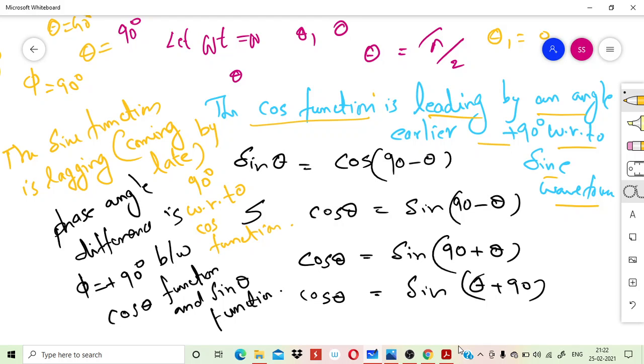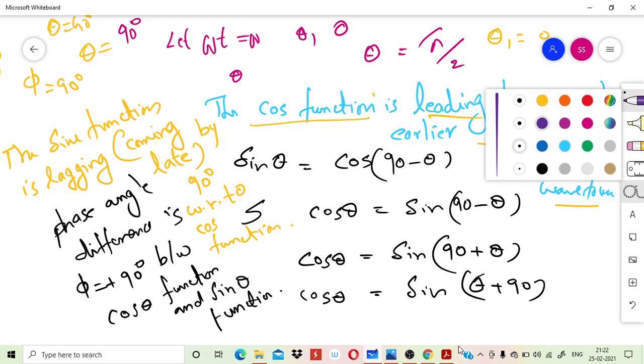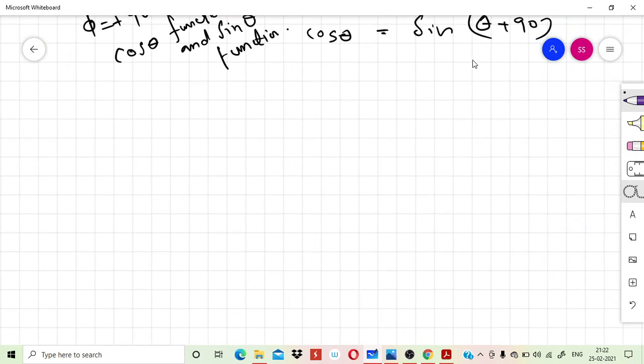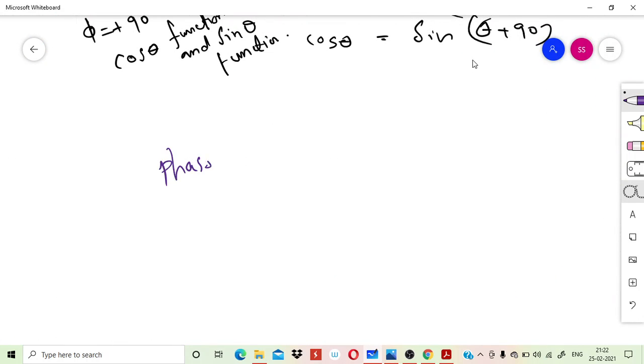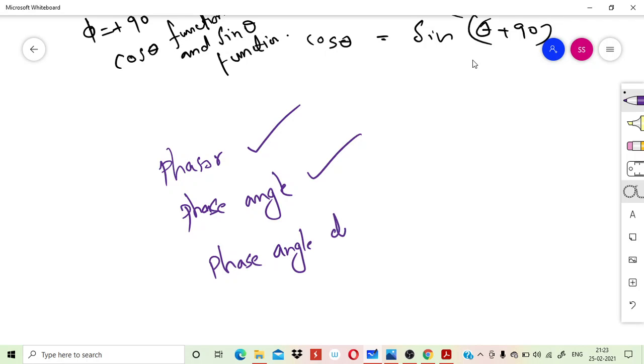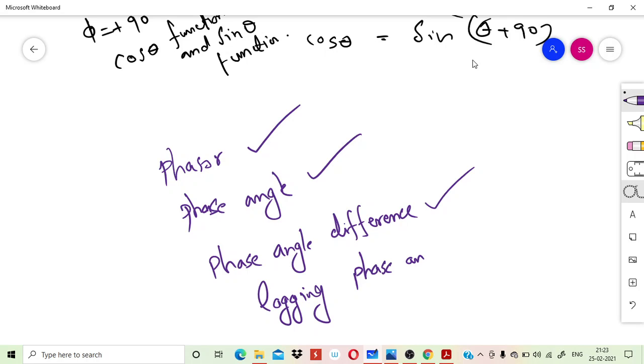This is the meaning of phasor. So we have completed what we mean by phasor, then what we mean by phase angle, then phase angle difference, and also lagging phase angle, then also leading phase angle.